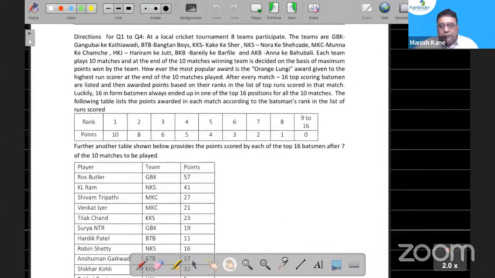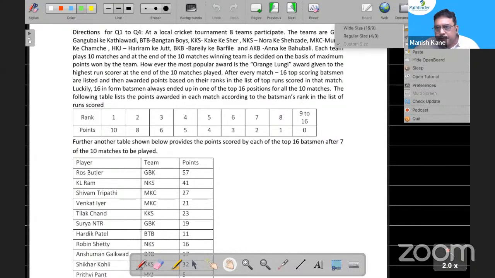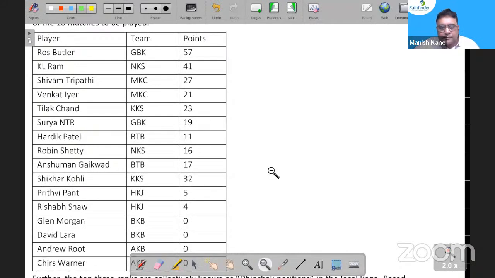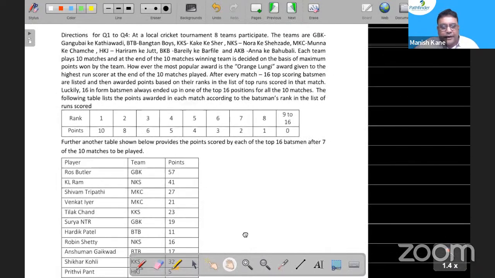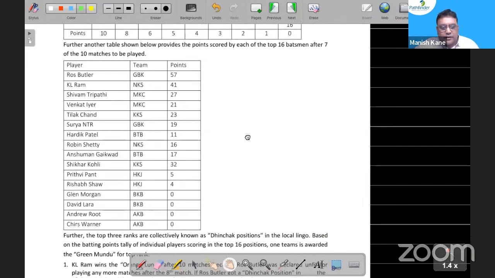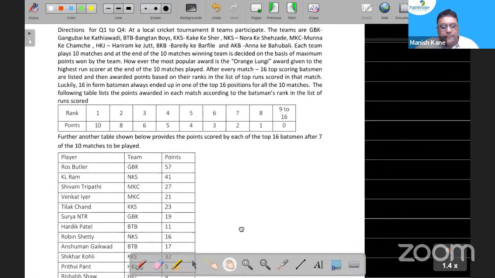And unfortunately, I'm not able to show it on one screen. So let me figure out what can be done. Okay, is it visible, guys? Hello? Is the question visible? Just let me know if the question is visible fully. पूरा दिख रहा है क्या question?